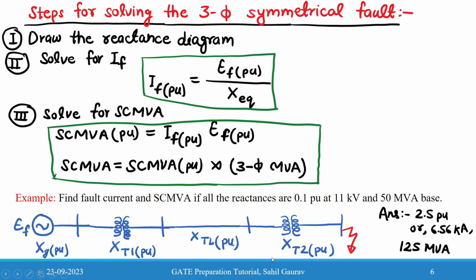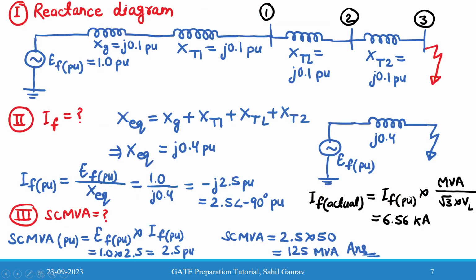In this there is no problem in making the reactance diagram. All things are given simply. Whatever is given is the single line diagram. So first we will make the reactance diagram. In the reactance diagram, we have taken the generator and all the values in per unit.